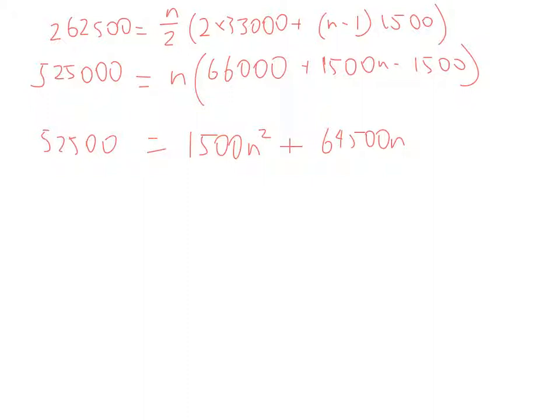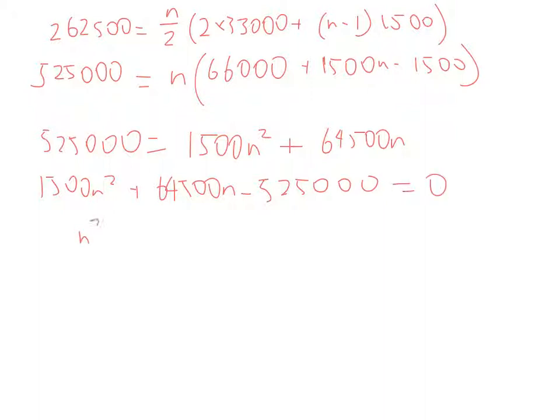So what we end up with is 1,500 N squared plus 64,500 N minus 525,000. That should be another 0 there. Now what I'm hoping is there's a common factor here of 1,500. Let's check. And there is. What we end up with is N squared plus 43N minus 350 equals 0.